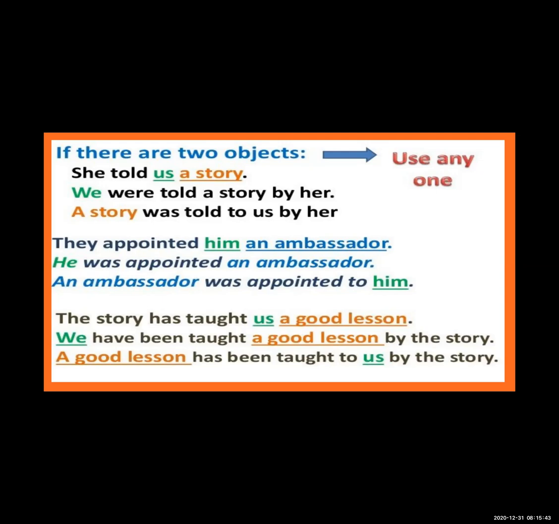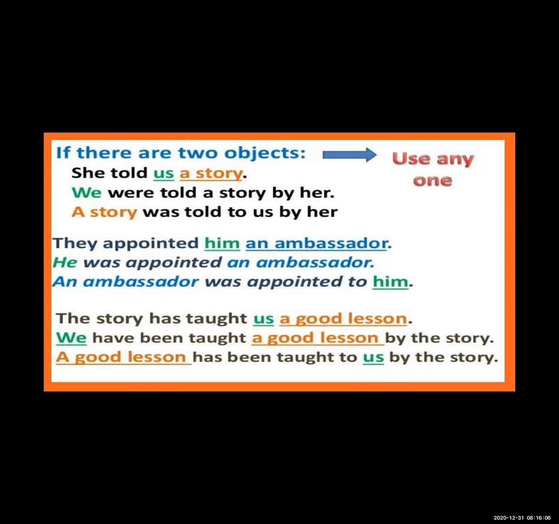If there are two objects, suppose how to change this, she told us a story, there are two different answers. Why two different answers? Now you have to guess. Yes, why are there two different answers? There is a sentence, she told us a story. Why are there two different answers? You can see there are two different statements given down there.